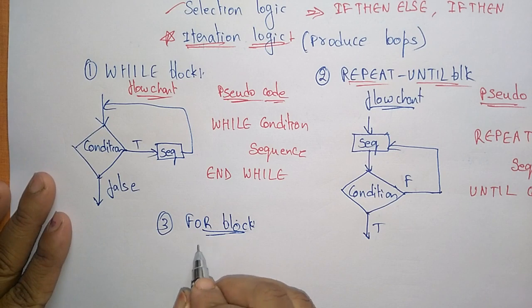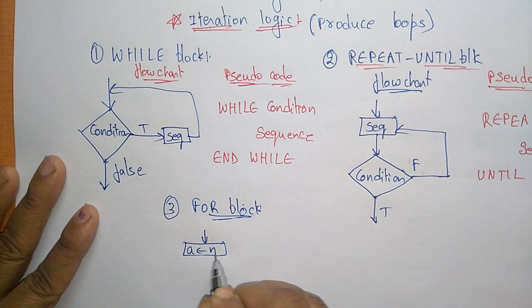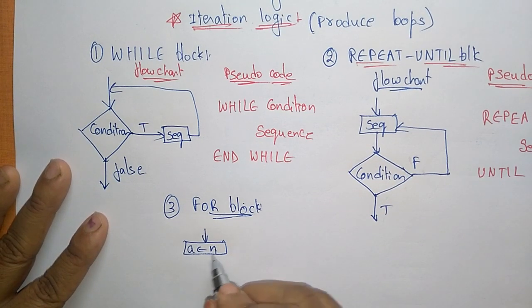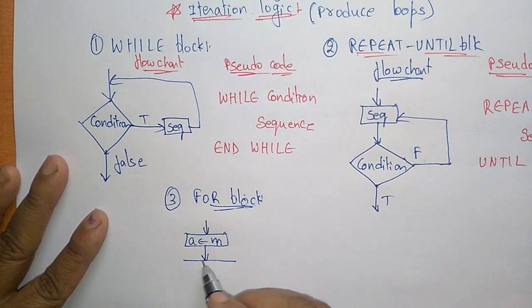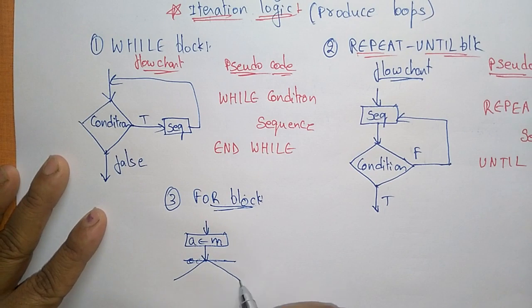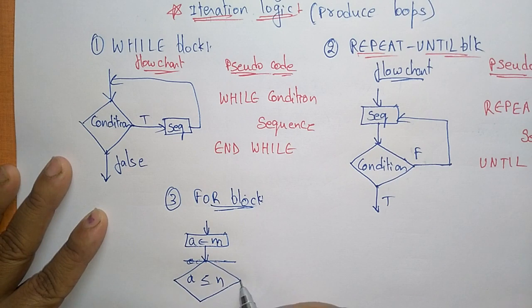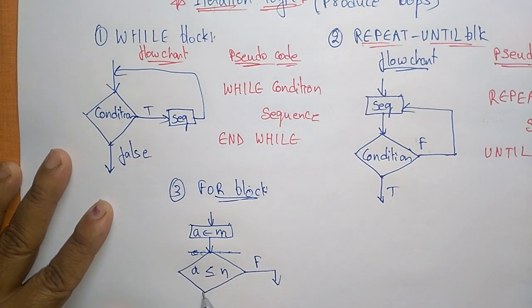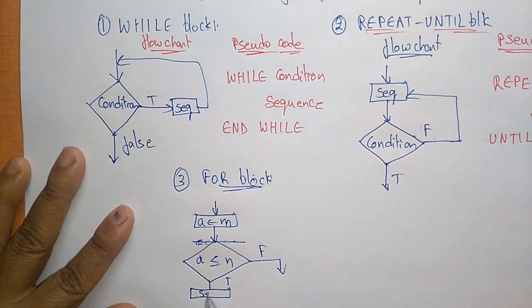The for block flowchart: A takes the value M. Then there is a decision: if A is less than or equal to N, it is true, and it executes a sequence of statements and increments the value, A equals A plus 1.